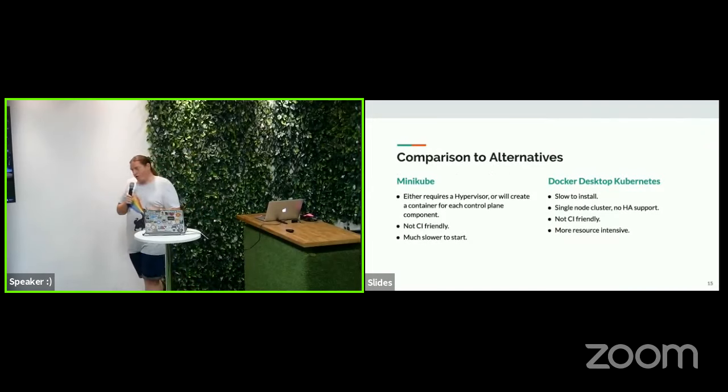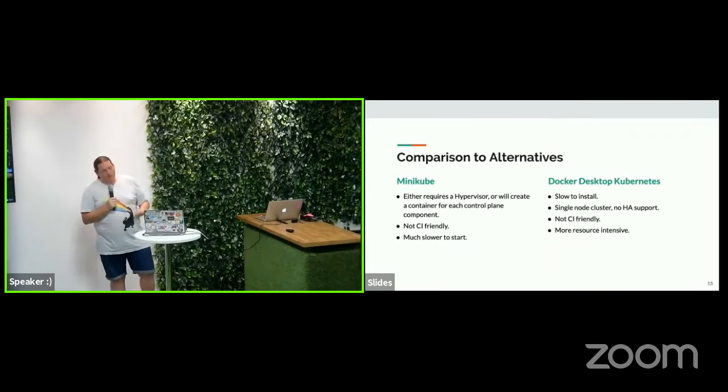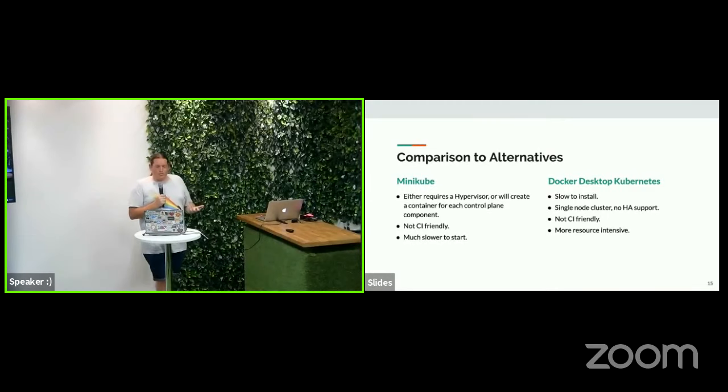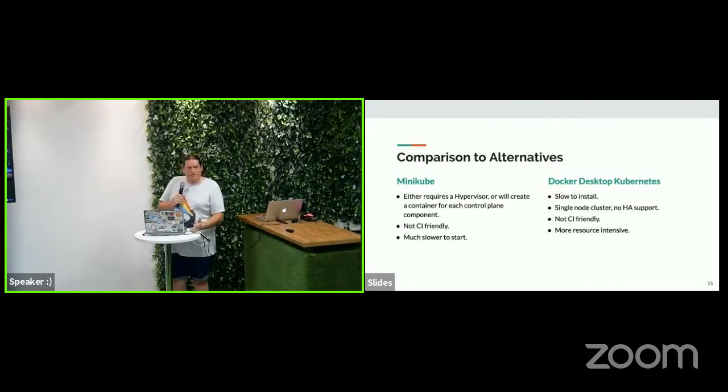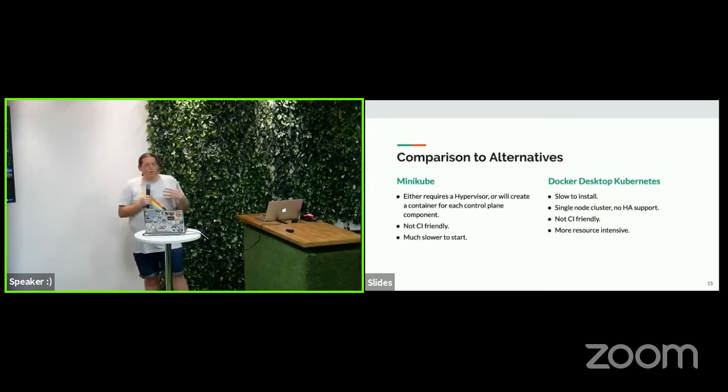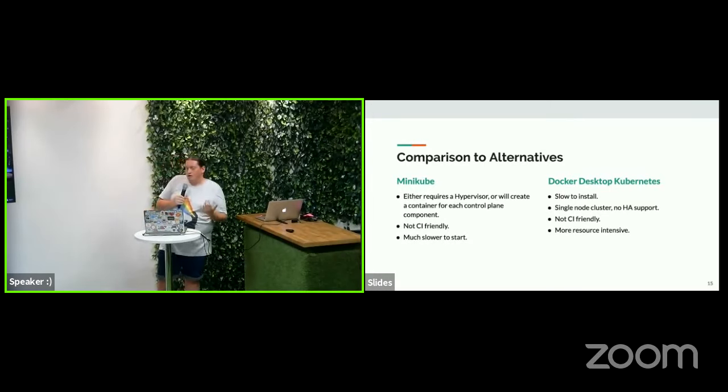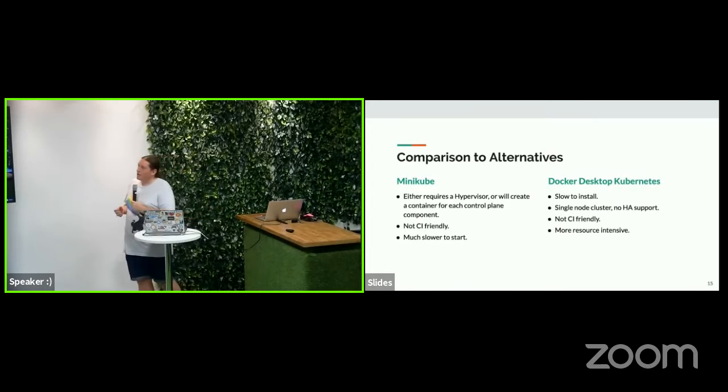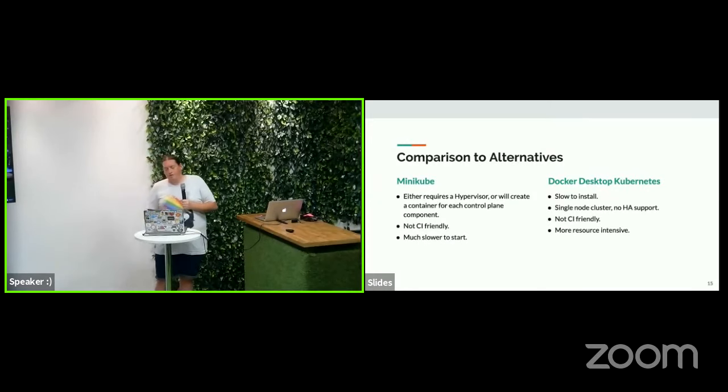So if we want to compare it to some of the alternatives, as I mentioned, Minikube and Docker Desktop: Minikube either requires a hypervisor to be running, such as VirtualBox, or it will use the local Docker Desktop installation, but it will spin up a container for every component within the control plane. You're also fairly limited in your multi-master clusters. It's not CI friendly, and it's much slower to start up.